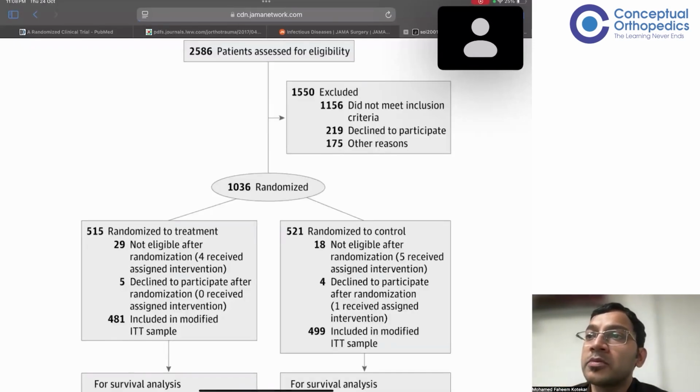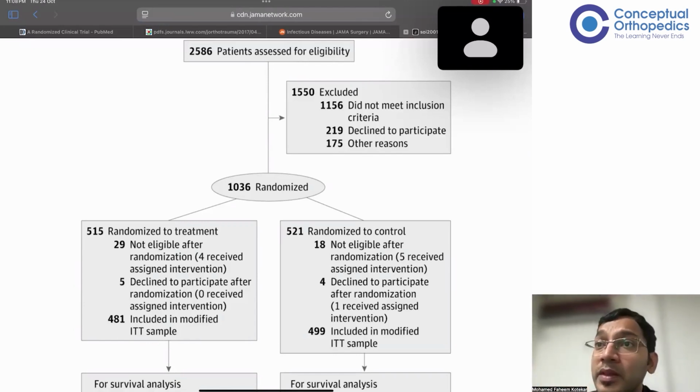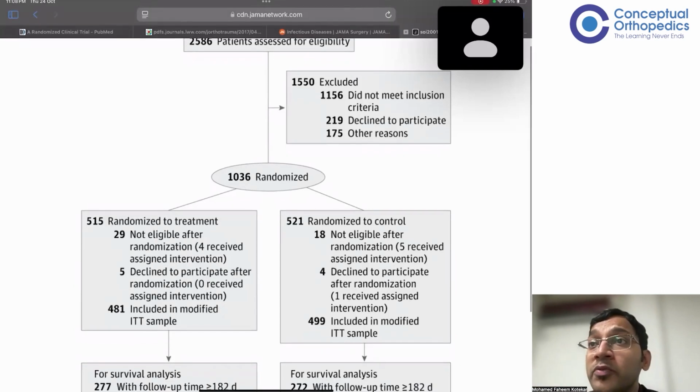Okay, out of which 1550 were excluded because they did not meet the inclusion criteria. They might be 3B injuries, 3C injuries. They might be treated very early. They might be type 1 Schatzker, which did not require waiting. So they might be having many other things. Out of 2586 patients who had a plateau or pylon fracture, 1550 were excluded.